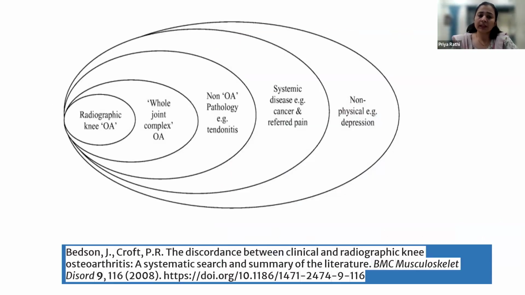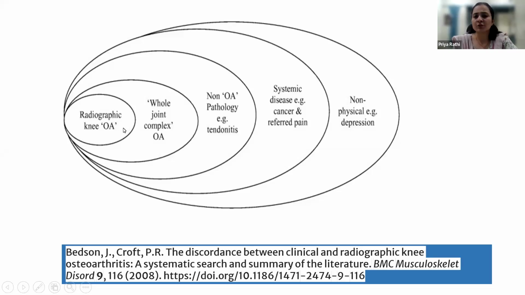This study, carried out in 2008, says that there is discordance between the radiological imaging and the patient's symptoms. So a very small group of patients can actually have radiological disturbances in knee pain patients.